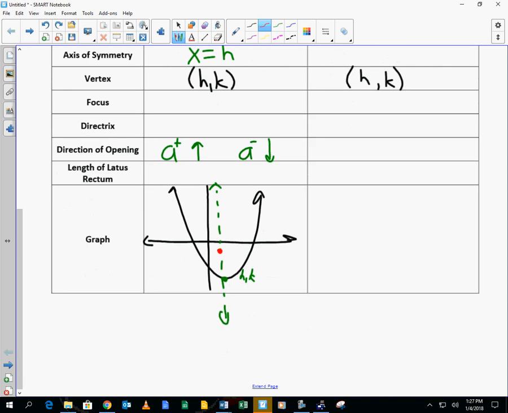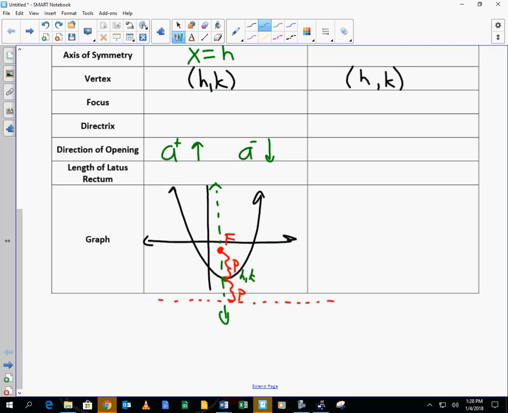The focus sits on the inside, and here's the deal. It sits p units away from the vertex. The directrix sits on the outside. It's an imaginary line, and it sits p units away from the vertex.